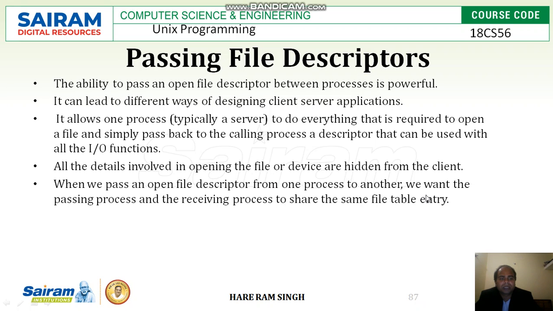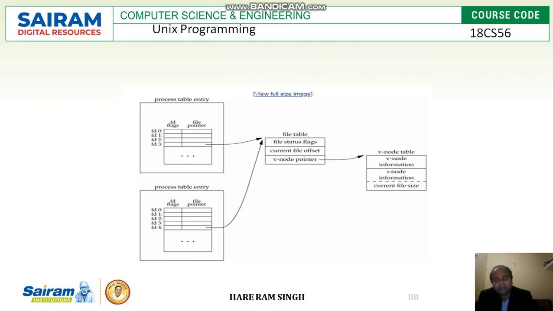When we pass an open file descriptor from one process to another, we want the passing process and receiving process to share the same file table entry. For example, here one process wants to send the file descriptor to another process.